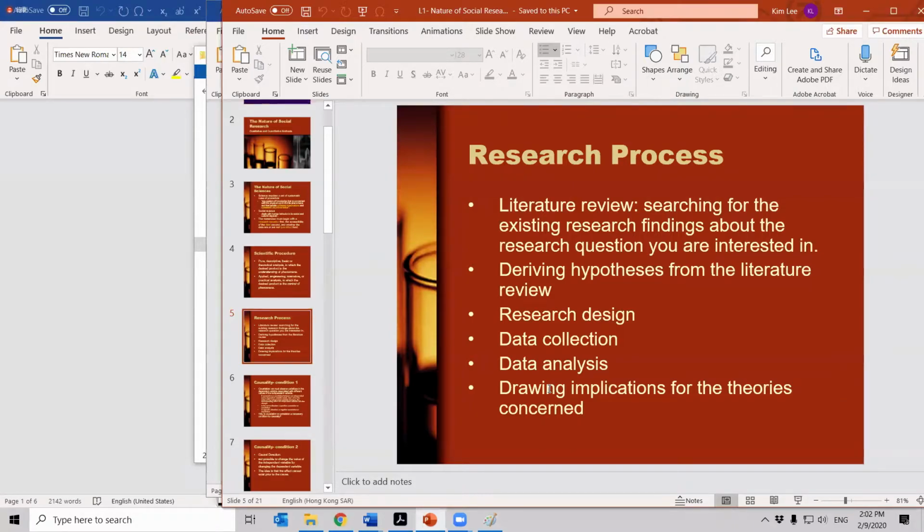These theories are wrong, or maybe they need to be modified. So you can do whatever you want to modify your theories, to criticize your theories, or maybe you can draw a further direction for some kind of theoretical development. So it all depends on your data analysis and your conclusion.